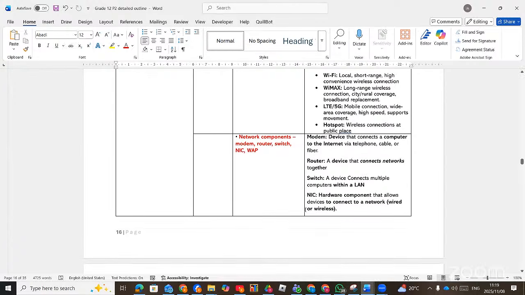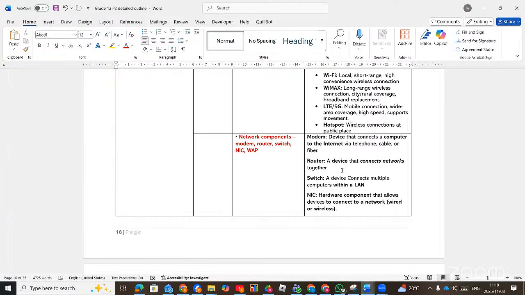And then the NIC, network interface controller or card, which is a hardware component that allows devices to connect to a network. Please, the definition "hardware component" is very important. It is not a device. I must say it's not an external device.